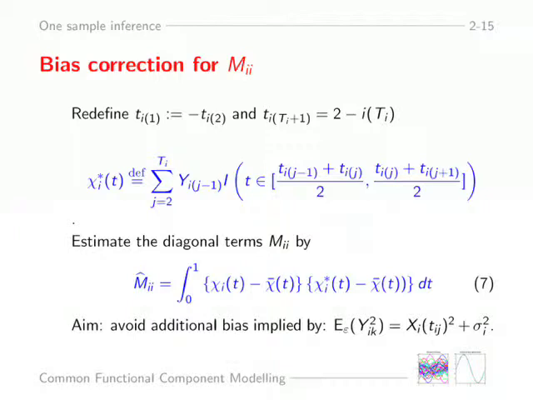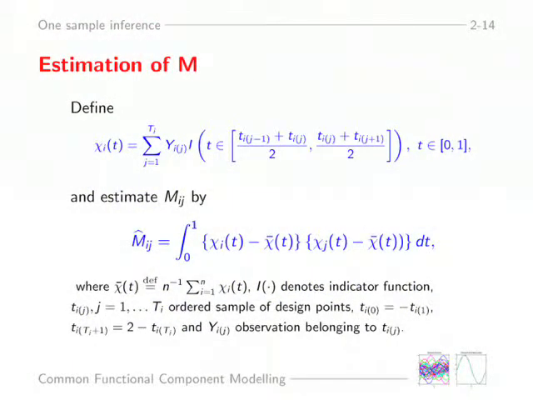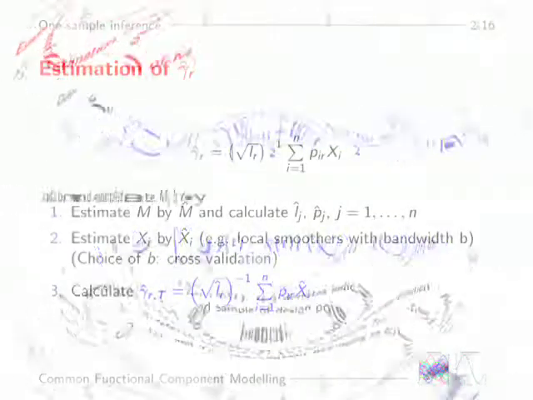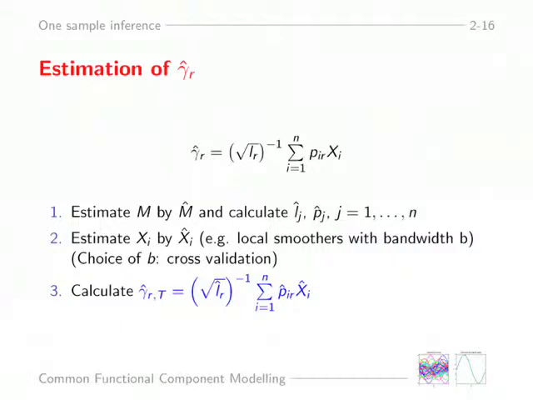So you see, it's essentially a regression version of the ideas which are used in the density context. You estimate this M, and then from this M, using the formula I showed you before, you get an estimate.